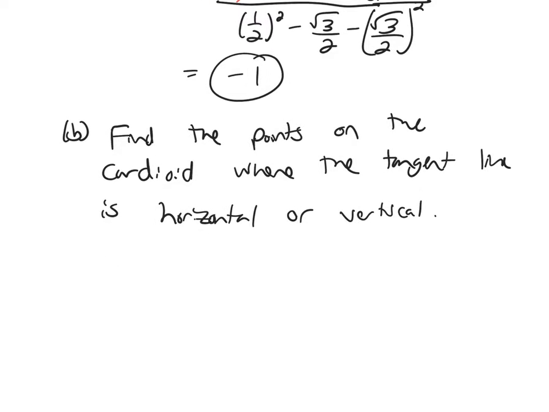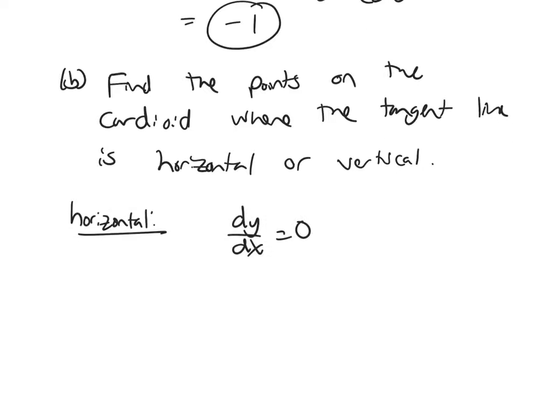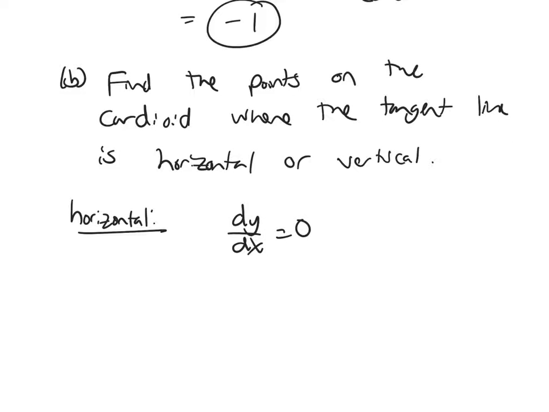So let's start with horizontal. What does it mean for the tangent line to be horizontal? Horizontal means the slope is 0, so dy/dx is 0. And so you're going to set the numerator of the derivative equal to 0. So the numerator was 2 cosine theta sine theta plus cosine theta equals 0.